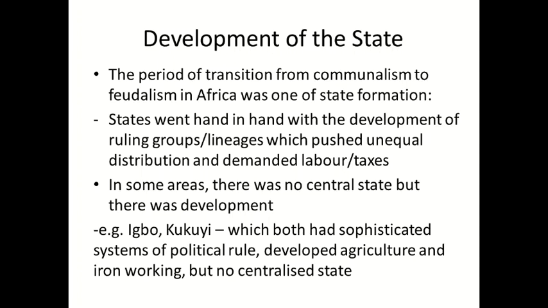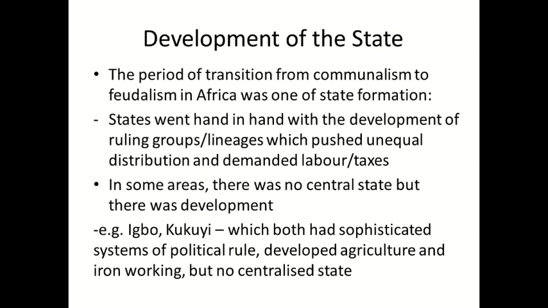But in some areas, there was no central state, whereas there was development. For example, the Igbo in Nigeria or the Kikuyu in Kenya both had sophisticated systems of political rule. They developed agriculture and iron working, but there was no centralized state, just as I was saying earlier.